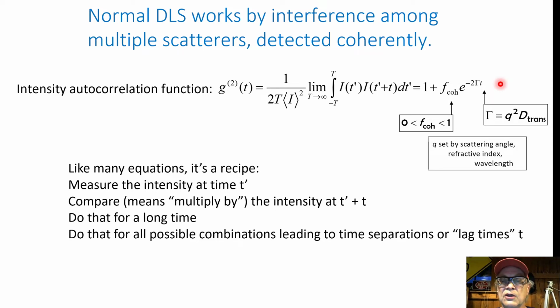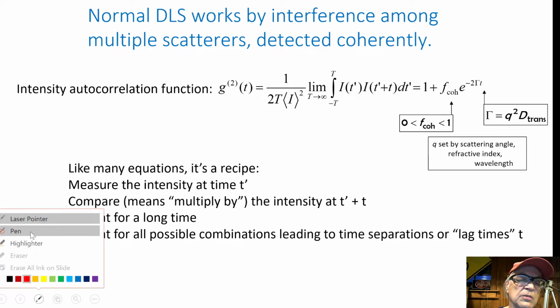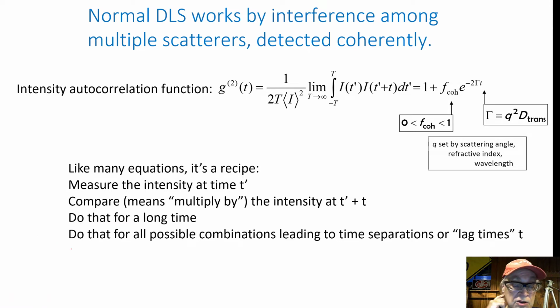So this thing is actually understood easily in two limits. We will try to draw something and see if it works. Let's take two limits. What would happen if we let little t, the lag time, equal 0?